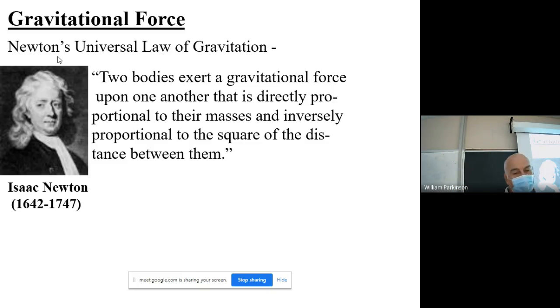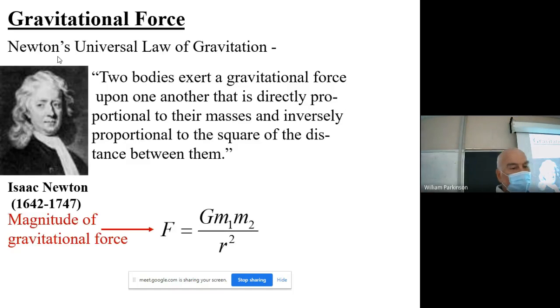Pretty impressive. Now, if you put the statement that I make there into an equation, this is what the equation looks like. Now, again, are we going to put numbers into this equation? No. But what I will point out to you is that F is the force of gravity. Now, it doesn't tell the direction, it tells the magnitude of force.